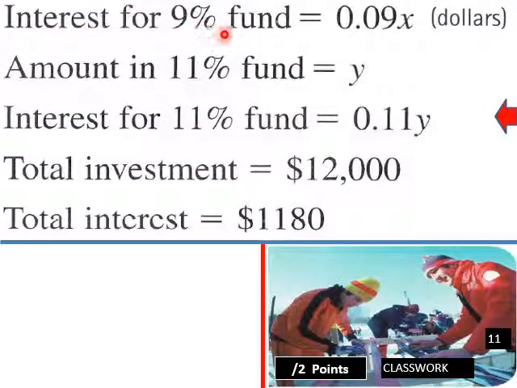And then the interest for 9% fund equals 0.09x dollars. The amount in 11% fund would equal y, and then that would be 0.11y. Total investment is $12,000, and then our total interest here is $1,180.